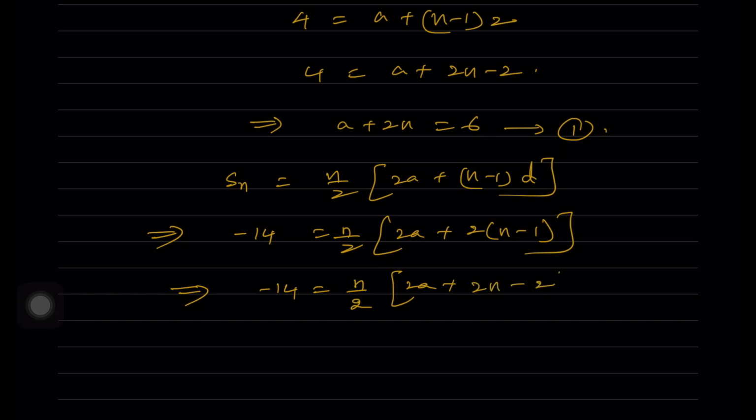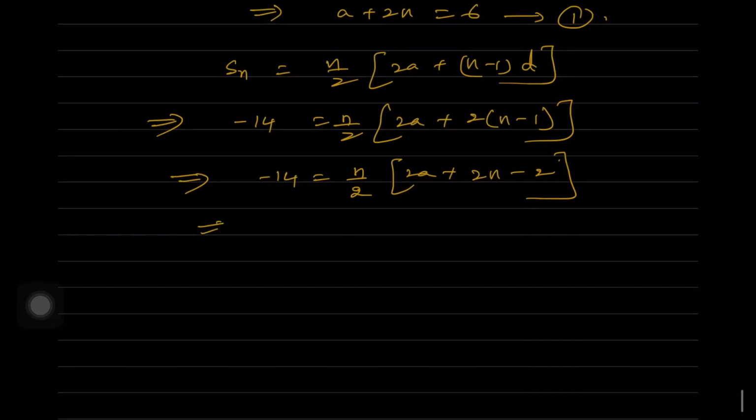So if we take out 2 common throughout, so minus 14 is equal to 2n by 2 into a plus n minus 1.